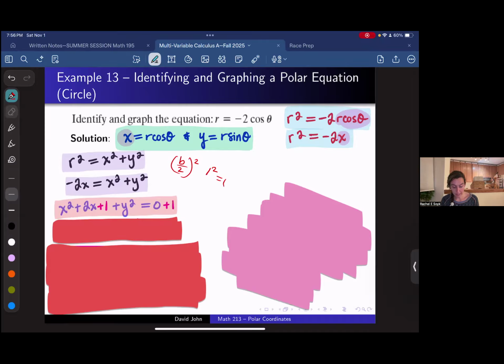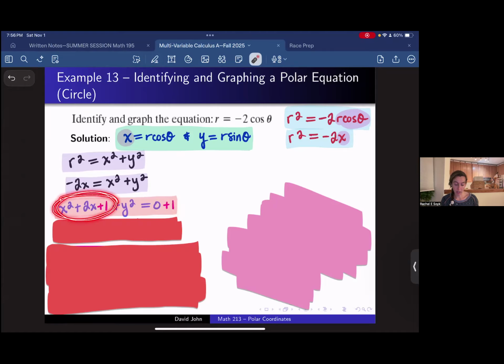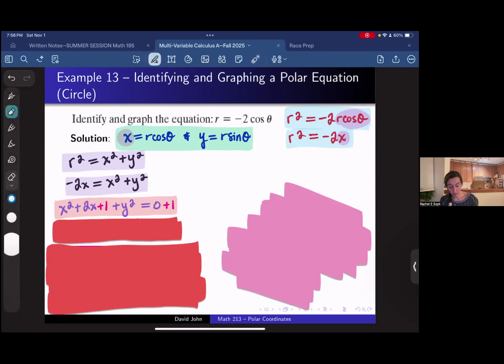So 1 is that special constant that we're going to be adding to both sides to keep the equation balanced. And now we can very easily factor x squared plus 2x plus 1. That's just x plus 1 in parentheses squared. That y squared is just y minus 0 in parentheses squared, and then it's equal to 1 squared.